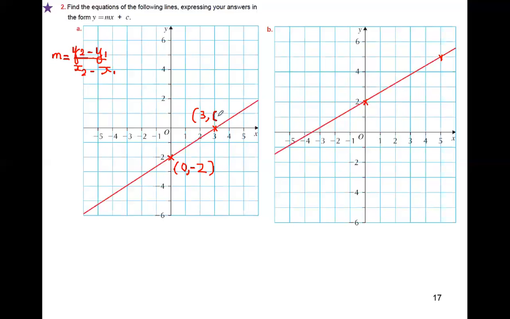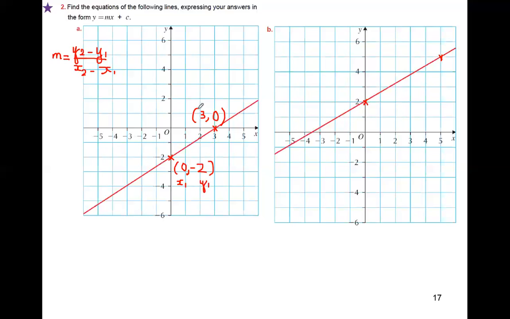Okay, so it doesn't matter which one we're going to pick as x1, y1, and x2, y2. Usually people would pick, for example, from the left to right. They might say, okay, this is going to be x1, y1. So I've seen that picked.